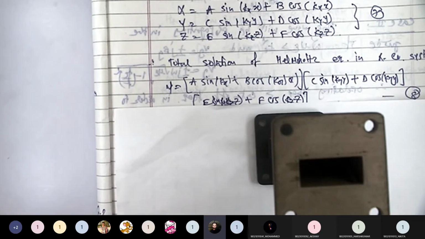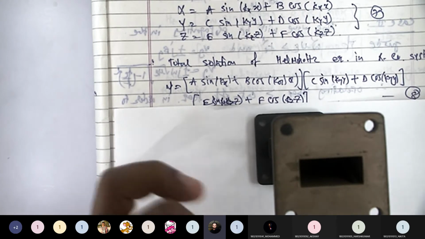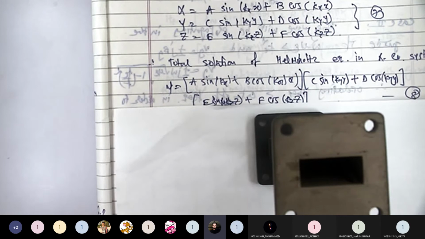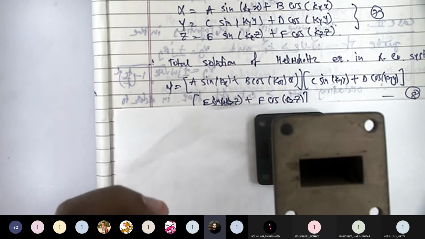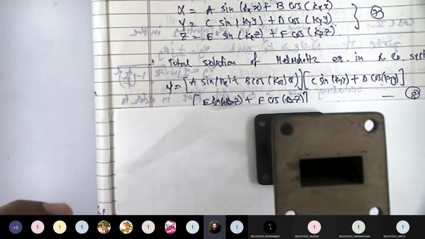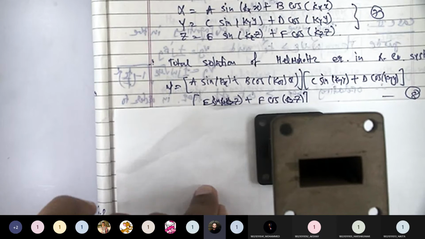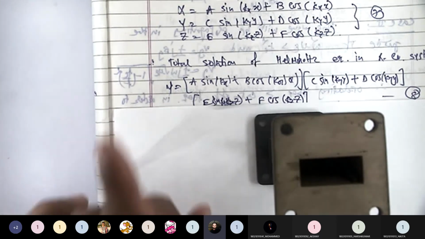But in a waveguide, I told you that there is a cut off frequency, there is a cut off wavelength, and if we have to propagate the wave inside the waveguide, then we have to use an operating frequency greater than the cut off frequency, or a wavelength lesser than the cut off wavelength. If either of the two holds, then and only then will the wave propagate inside the rectangular or circular waveguide.